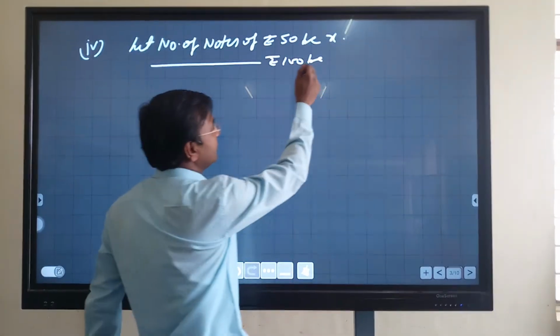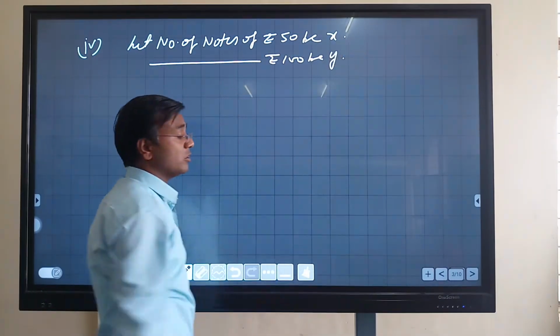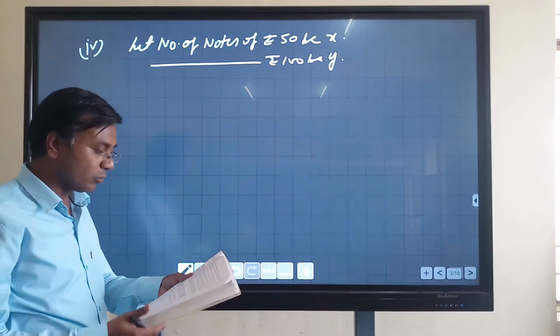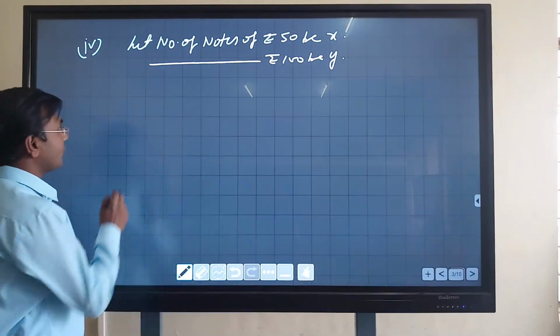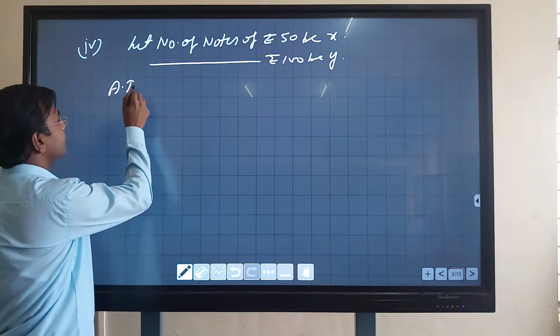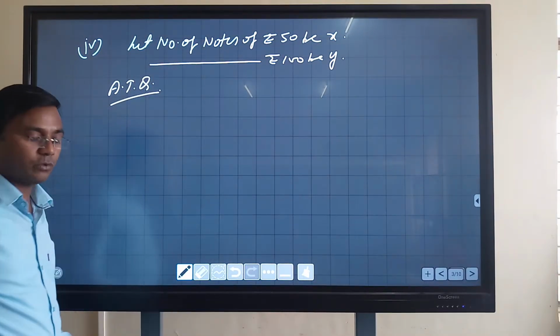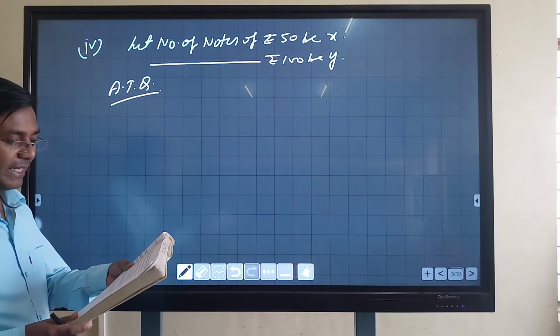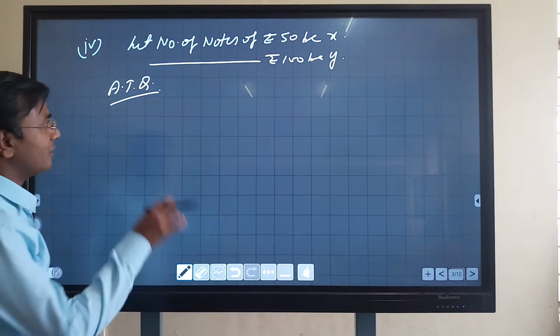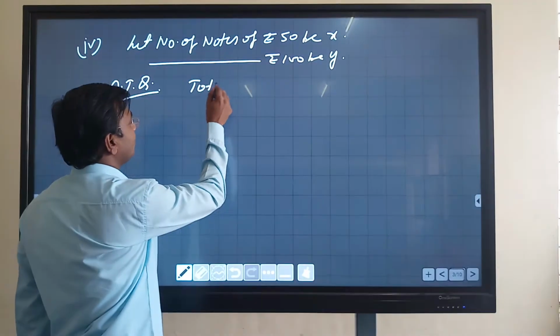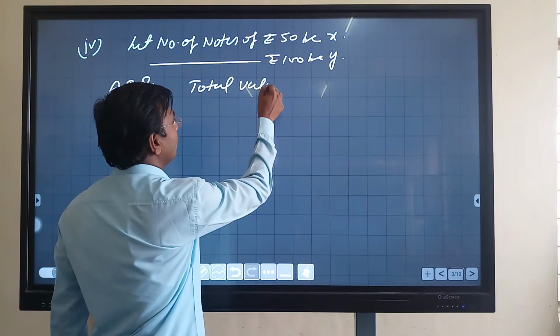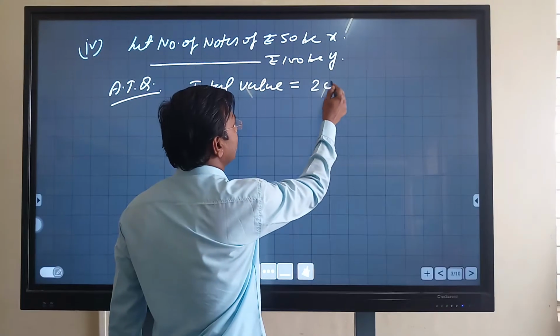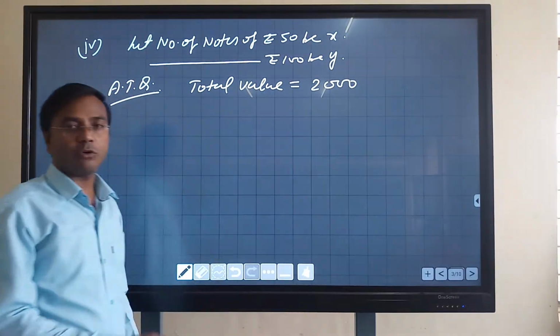So how many rupees 100 notes are there? We don't know. Okay, how many notes are there? So according to the question, Meena went to a bank to withdraw rupees 2000. So according to the first condition, the total value of money is given as 2000. Total rupees is what?